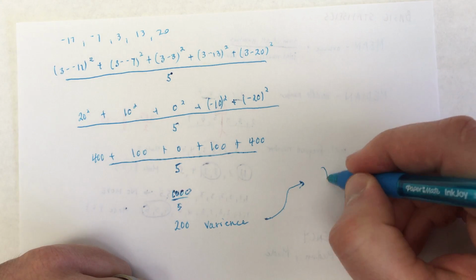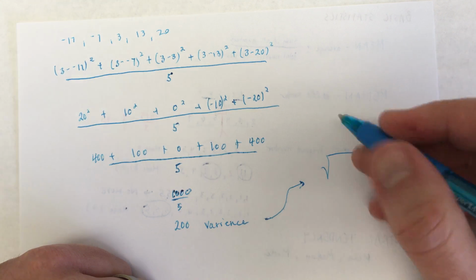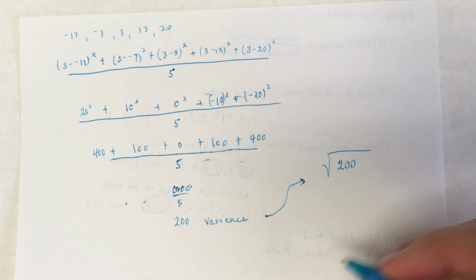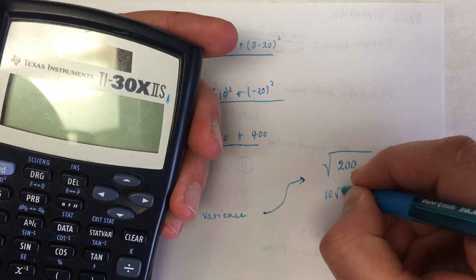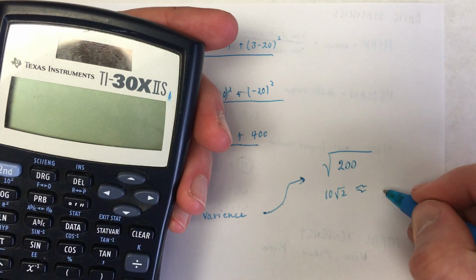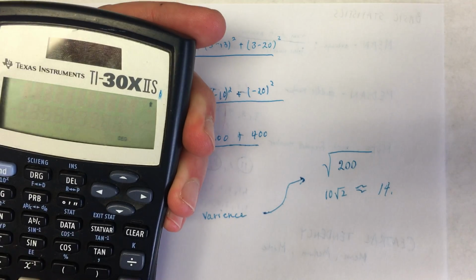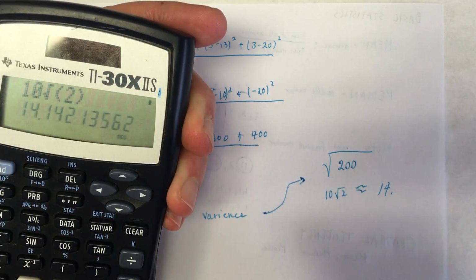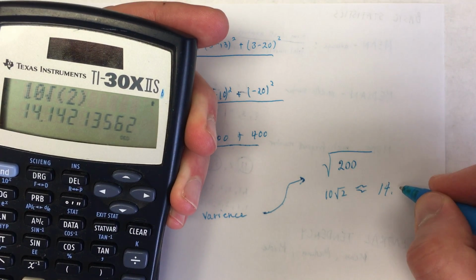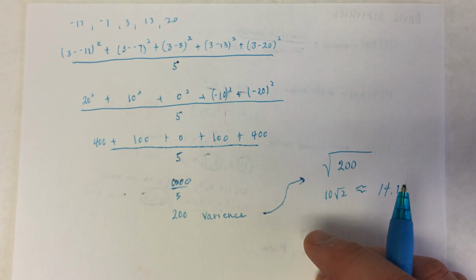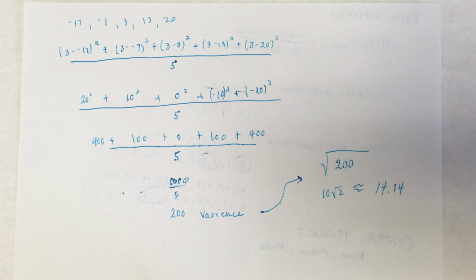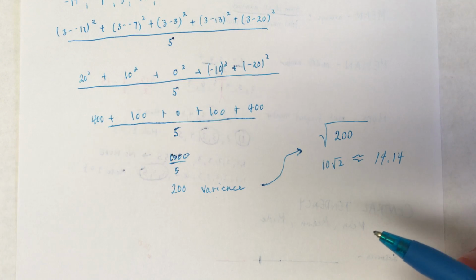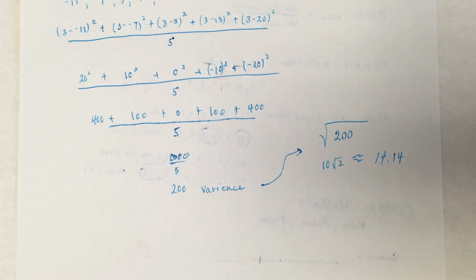And if I want the standard deviation or the average spread, I square root this. So square root of 200 is 10 square root 2, so approximately 14.14. So approximately a spread of 14 points. And so that value is important statistically for people to understand how well that data set is spread out.